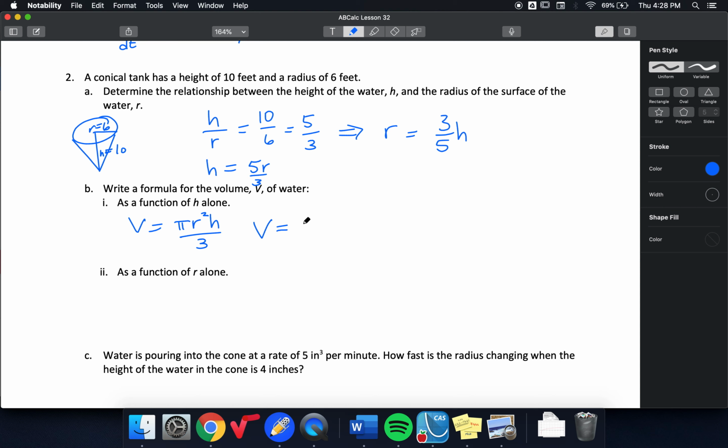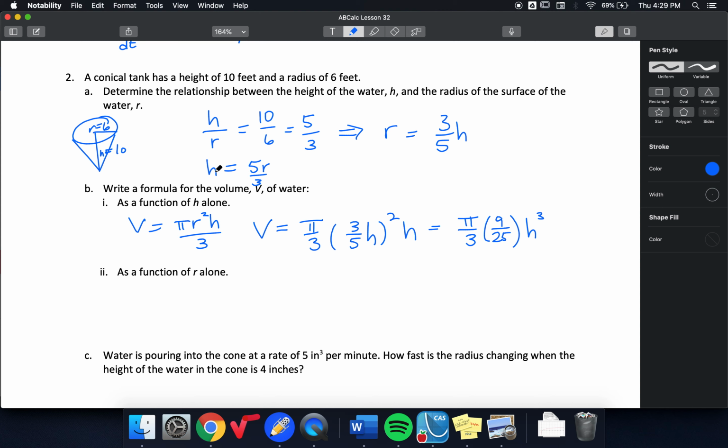So volume is equal to pi over 3 times (3/5 h) squared times h. I'm going to want to simplify this because I don't want to get confused with my constants. So I'm going to have pi over 3 times 9 over 25 h cubed. This I could simplify more, or I can just leave it knowing that that whole part of the expression is a constant.